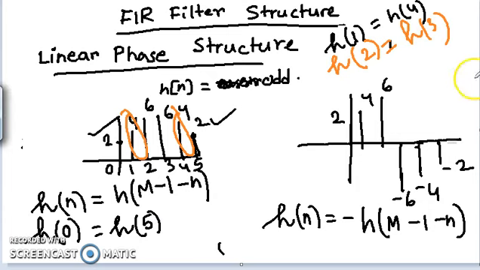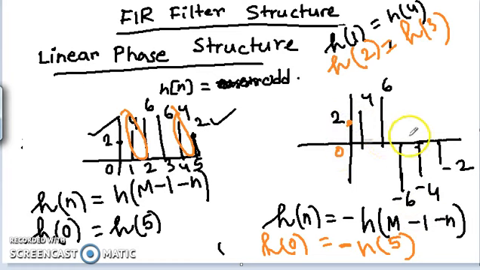And if it is antisymmetric, the function will be like this. Here, h0 must be equal to minus of h5, that is h of 5 minus 0. This is my h0 and this is 0, 1, 2, 3, 4, 5.